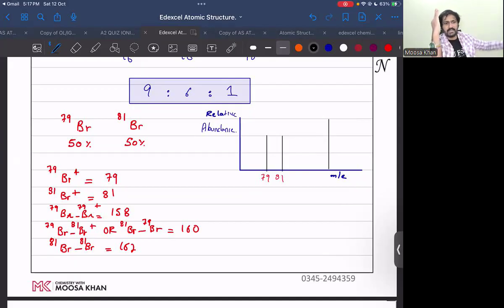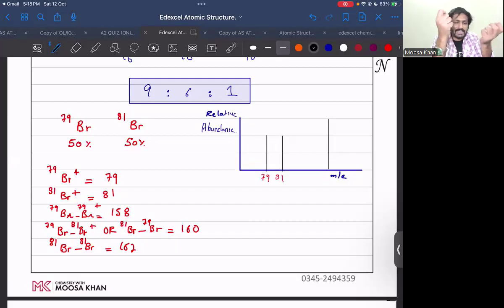For example, if the detector gets a total of 1,000 signals, 750 signals are due to the chlorine with the mass number 35 and 25% of the signals, that is 250 signals, are due to the chlorine with the mass number 37. That's how we realized that the relative abundances are in the ratio of 3:1.